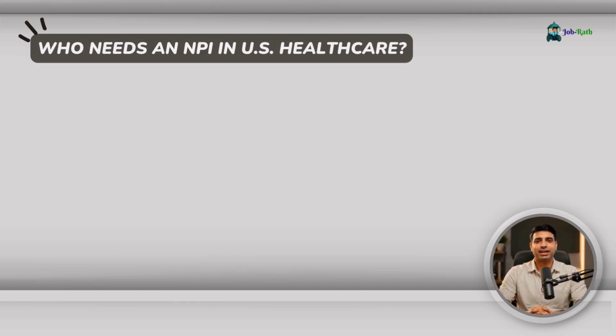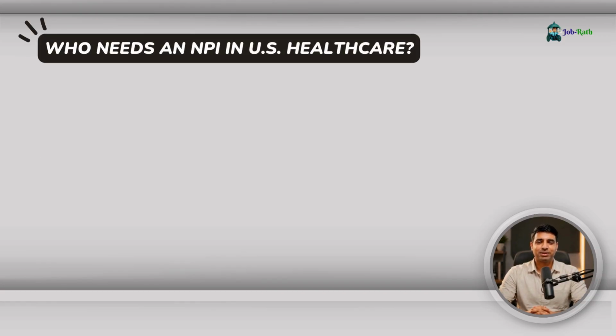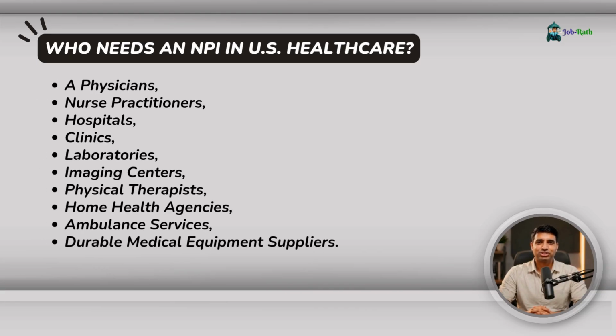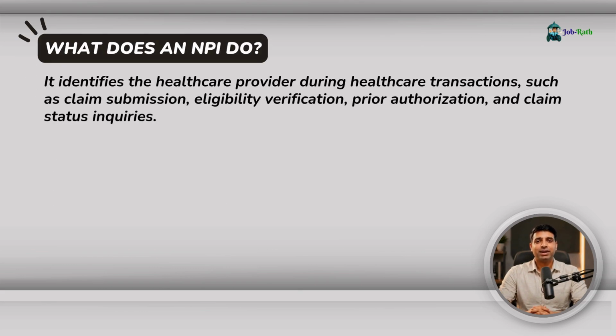Anyone who submits healthcare claims generally needs an NPI. It may be physicians, nurse practitioners, hospitals, clinics, laboratories, imaging centers, physical therapists, home health agencies, ambulance services, or durable medical equipment suppliers.